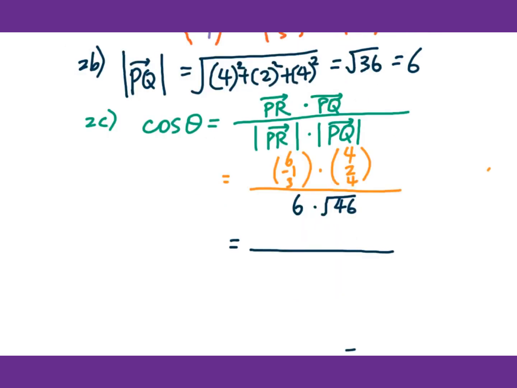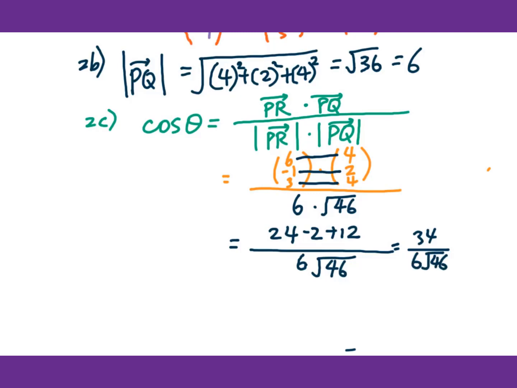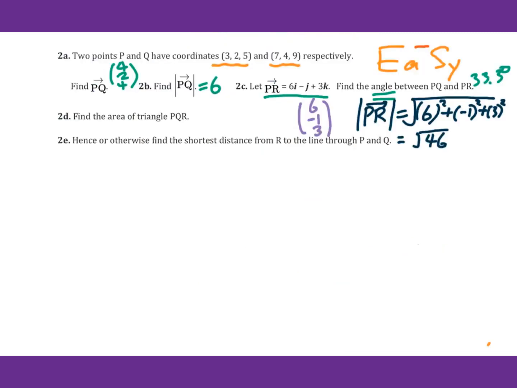For the top, the corresponding components multiply each other: 6 times 4 is 24, -1 times 2 is -2, 3 times 4 is 12. You will get 34 over 6 square root of 46. Putting it into the calculator, you will get theta equals 33.3 degrees.